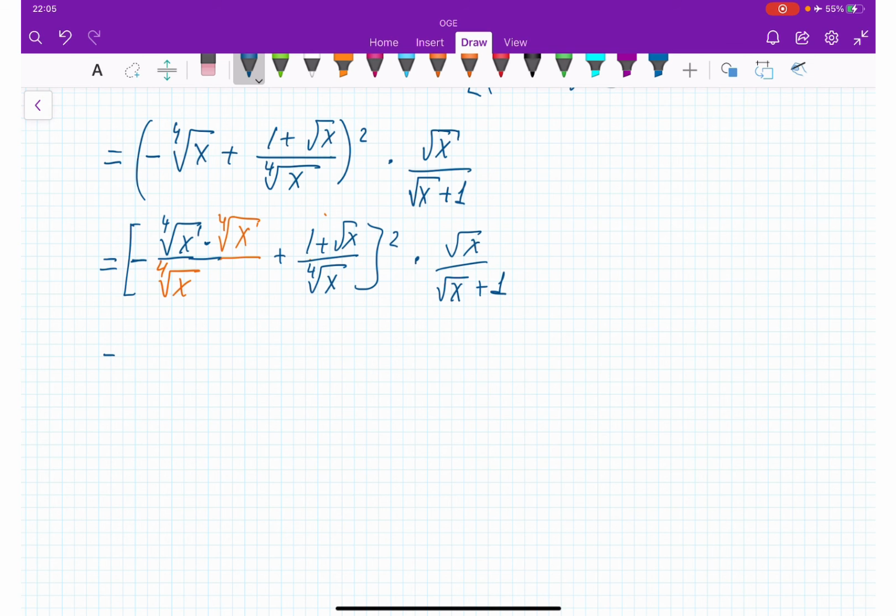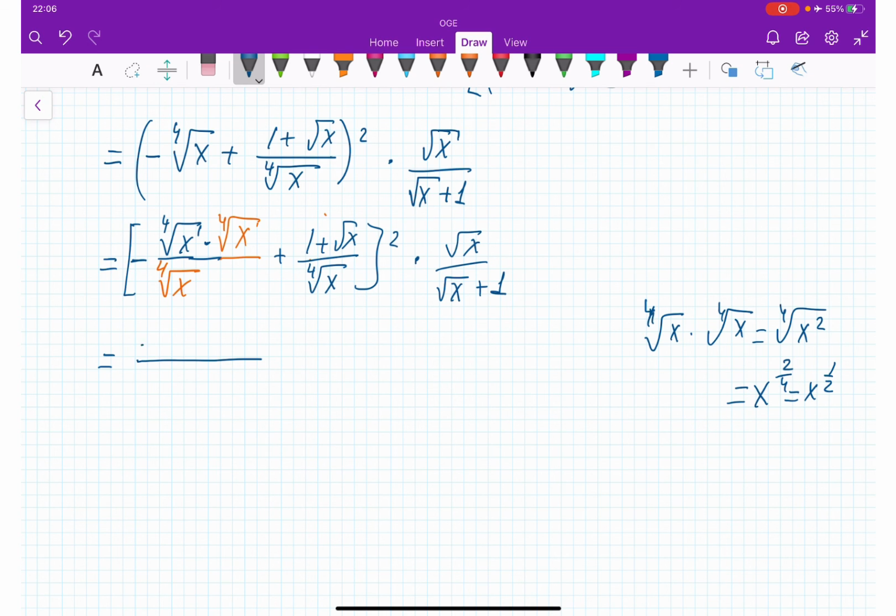So this gives me the fourth root of x times the fourth root of x. That's going to be the fourth root of x squared, which equals x to the 1/4 squared, which is x to the 1/2.